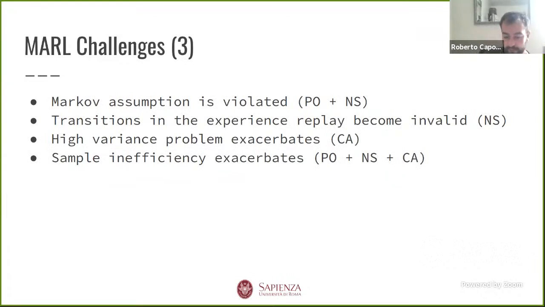So let's recap a bit what we just said. If we put together these issues and we sum together, for example, the fact that we have partial observability and non-stationarity, basically we are breaking the Markov assumption, right? Because the Markov assumption says that the state is sufficient for a certain agent to take an action and to basically derive the consequences of this action.